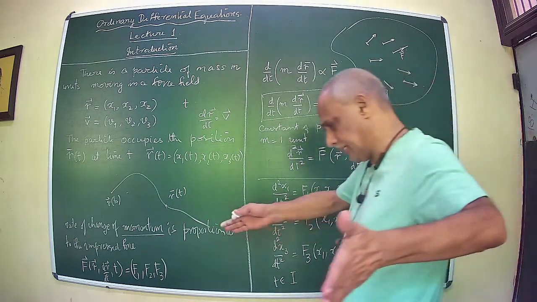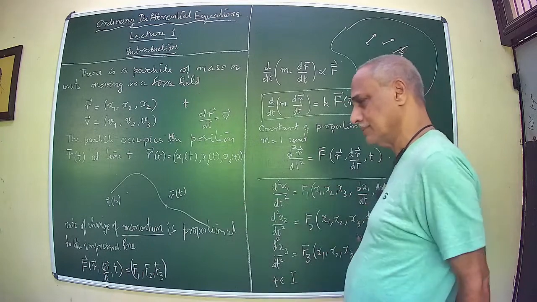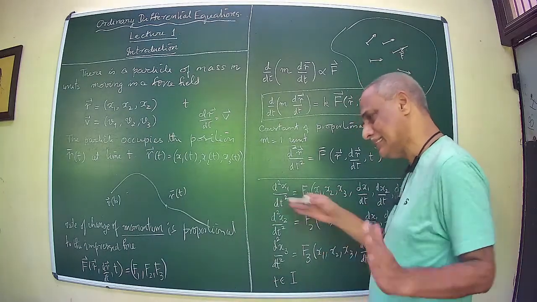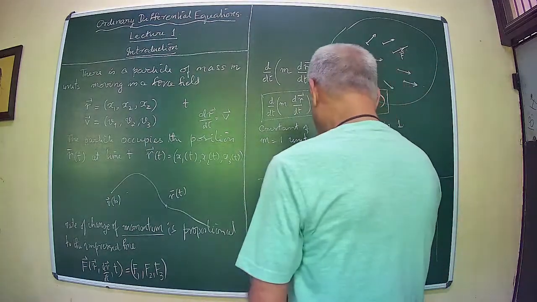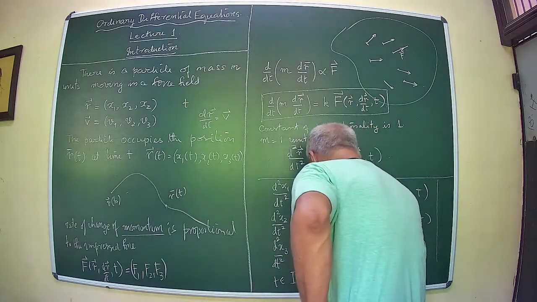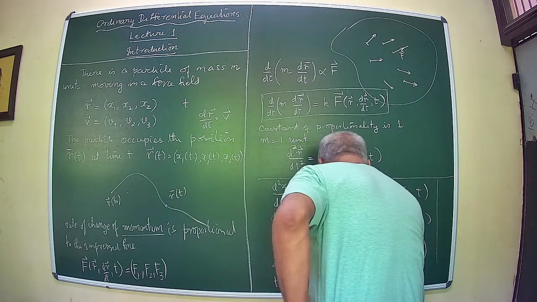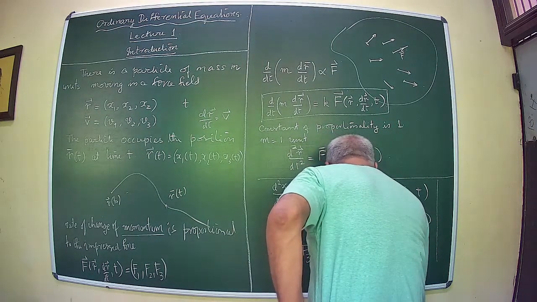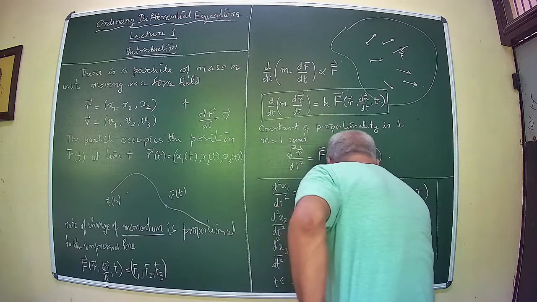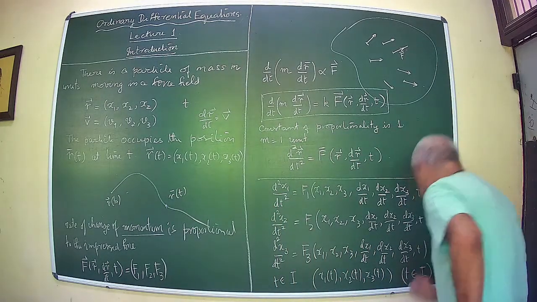In some time interval, you want to know where the particle is. This is a simple thing for each t. So we want to know what x1, x2, x3 are for t belonging to some interval I.